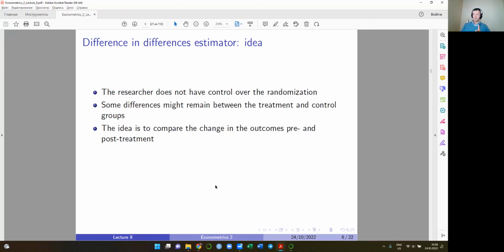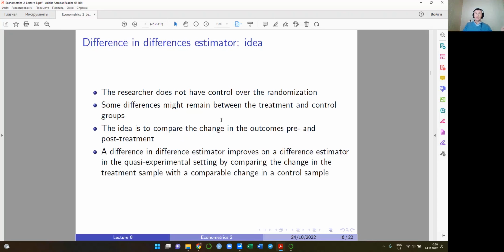But now, since there are some changes, some trends, we need to introduce this difference in differences. So it improves the difference estimator that we have discussed last time, because we compare the changes. We compare the change in the treatment sample with the change in the control sample.